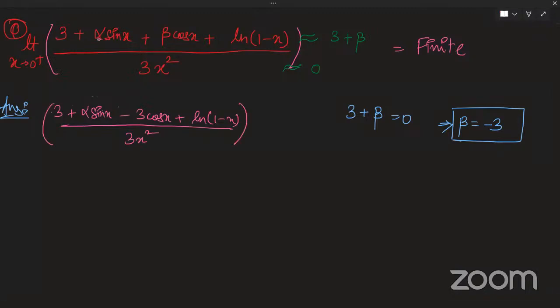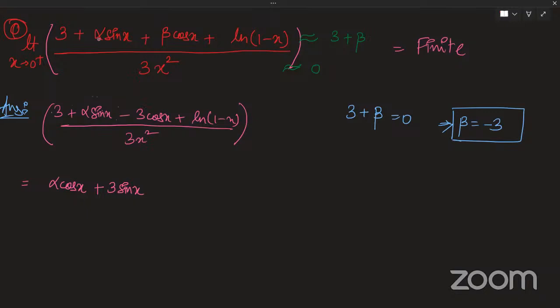So obviously now it is 0 by 0 form, so I can go for the derivative. What is the derivative of 3? 0. What about alpha sin x? Alpha cos x. What about minus 3 cos x? Plus 3 sin x.